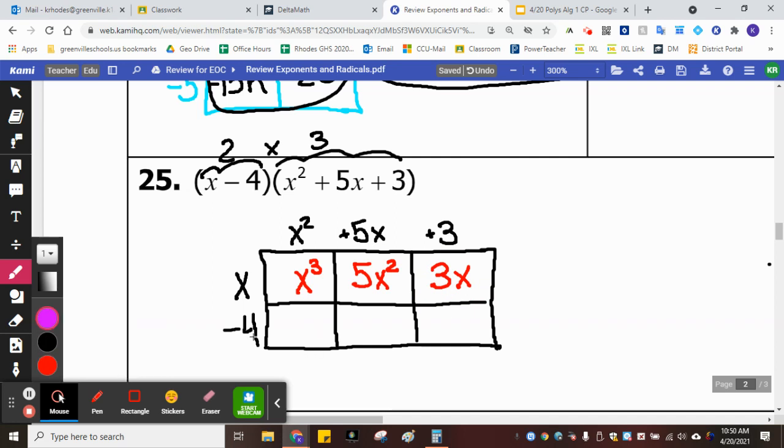Now we're going to do the whole bottom same way. Negative 4 times x squared. Negative 4 times 5x. Negative 4 times 3. So negative 4x squared. Negative 4 times 5x. Perfect. Negative 20x. Negative 4 times 3.